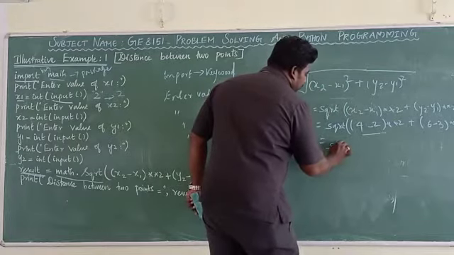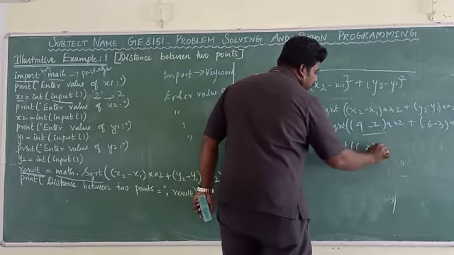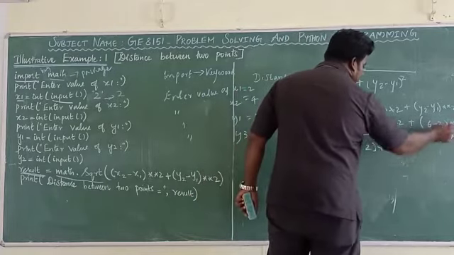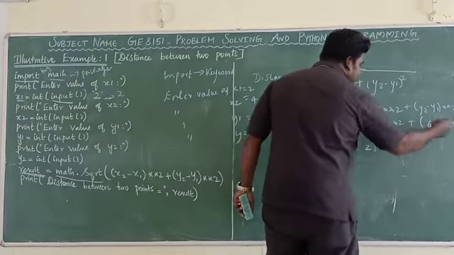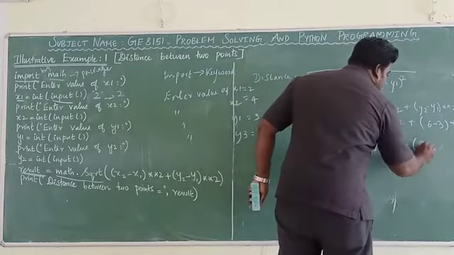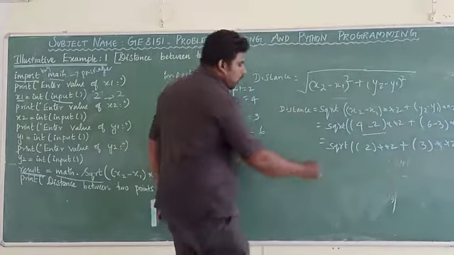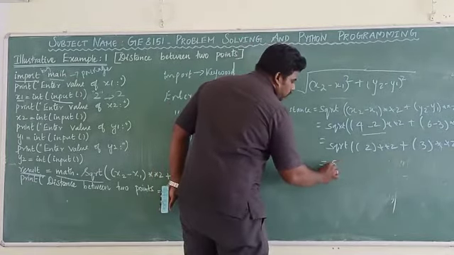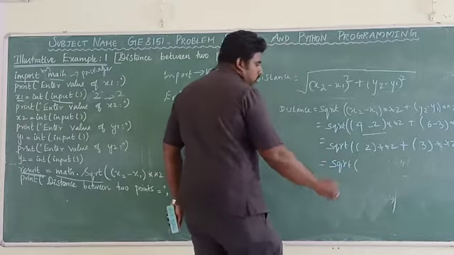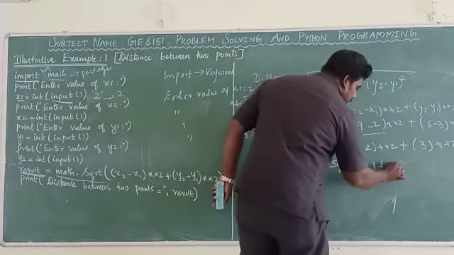So square root of 4 minus 2, you will get 2, exponential, plus here 6 minus 3. Then the next step we can solve this bracket, right? So I am directly solving here. 3 star 2. Okay. Now again square root of 2 square, it is 4, plus 3 square, it is 9.